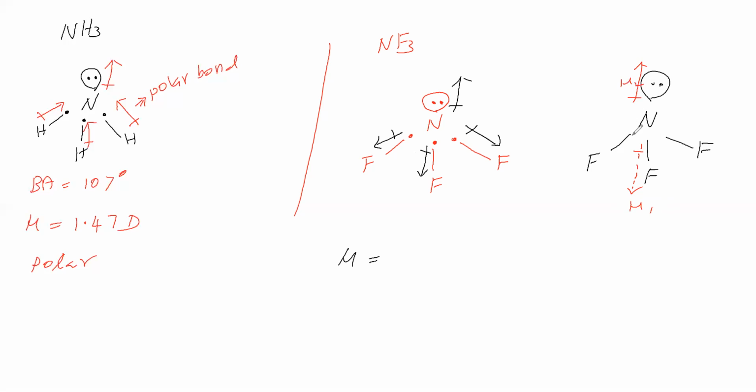Now, the net dipole moment: the resultant dipole moment due to these three bonds and the lone pair dipole moment may not be equal. Therefore, this molecule is having dipole moment. Since this molecule is having dipole moment, we can say this molecule is a polar molecule.